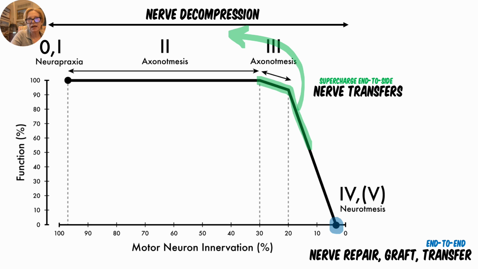And then the axonotmetic 2 is on that plateau as we're losing more and more nerve fibers. So here's the thing, the great news is as you lose nerve fibers, the adjacent axons will collaterally sprout and maintain function, but you don't know you're losing those nerve fibers.